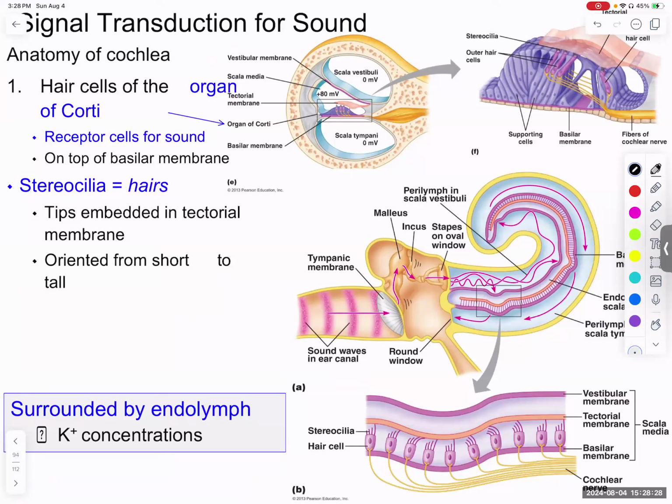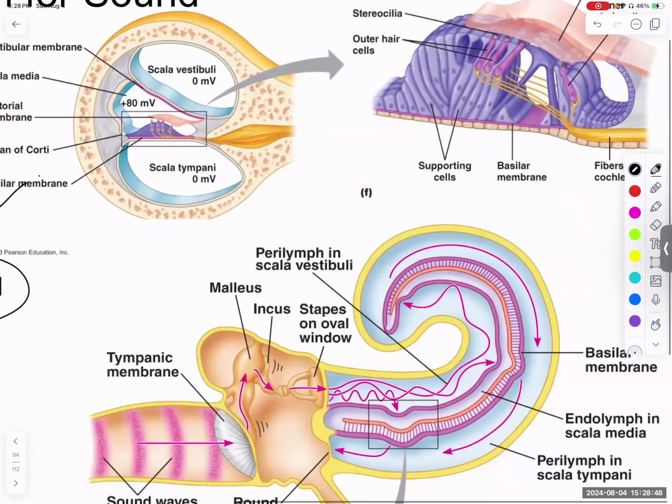The hair cells of the organ of Corti are the receptors for sound. They're on top of the basilar membrane, with the tectoral membrane on top of them. They're said to be embedded in the tectoral membrane, and they're oriented from short to tall. So there's different sizes. That's the organ of Corti.